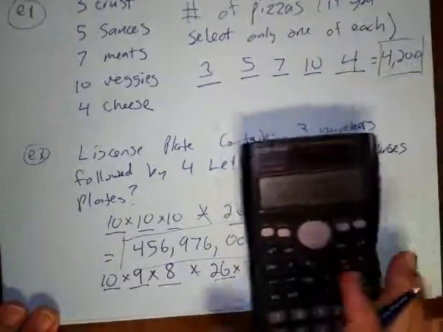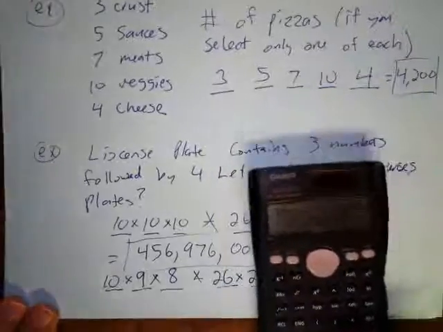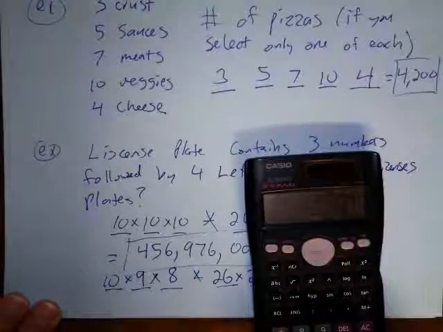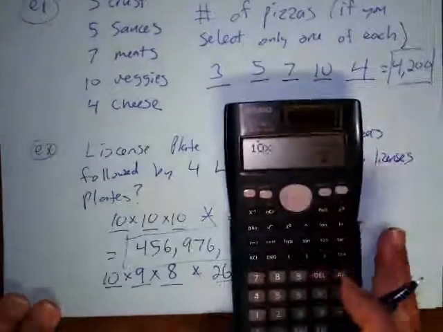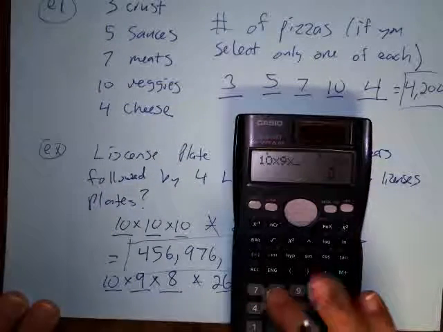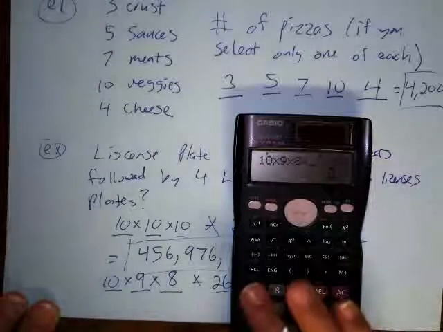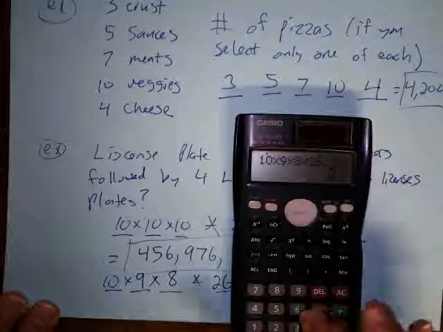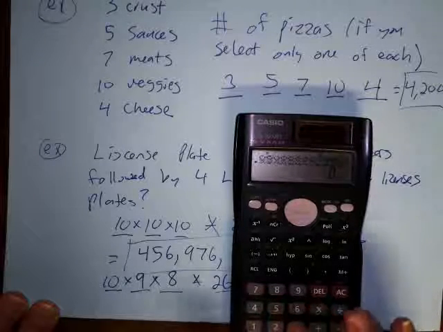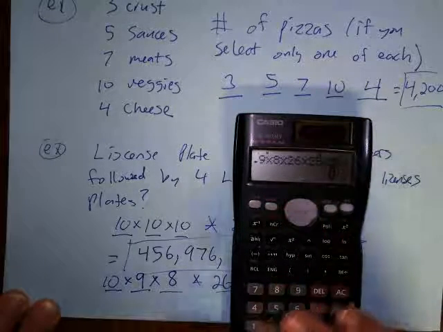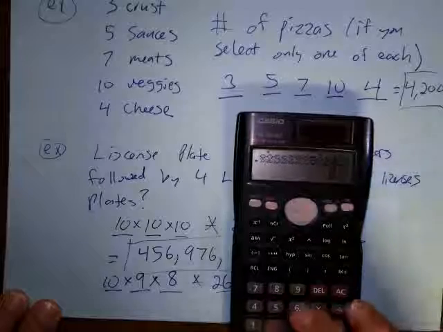And so if you can't repeat any of the digits or the letters on your license plate, then you would have 10 times 9 times 8 times 26 times 25 times 24 times 23.